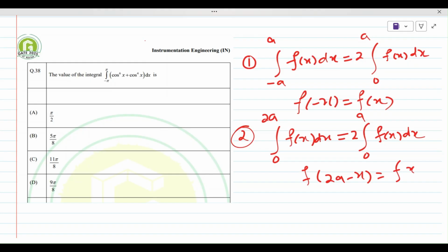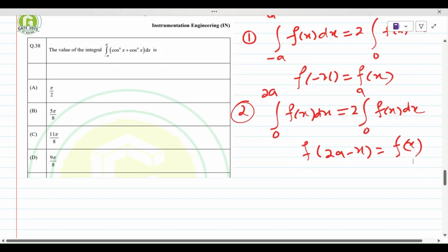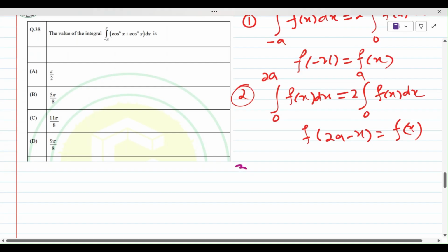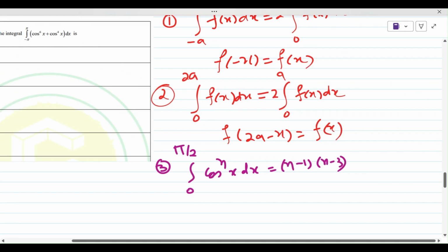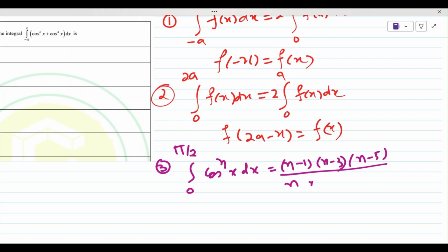And the third formula, known as the reduction formula, that we are going to use here is for the integral from 0 to pi by 2 of cos raised to power n x dx, which equals (n minus 1)(n minus 3)(n minus 5) and so on, divided by n(n minus 2)(n minus 4) and so on.